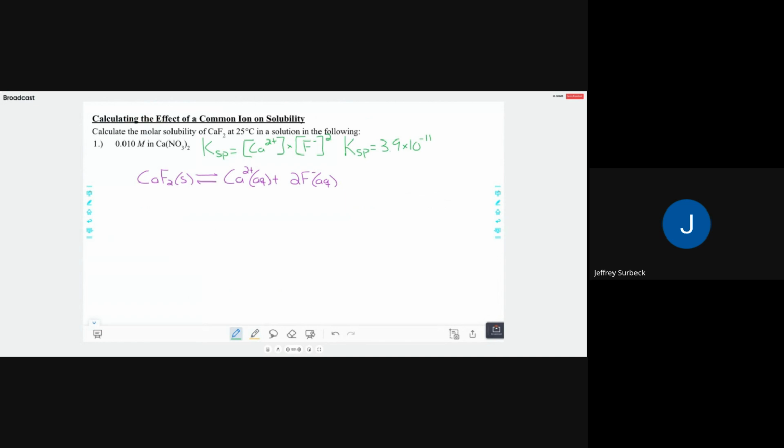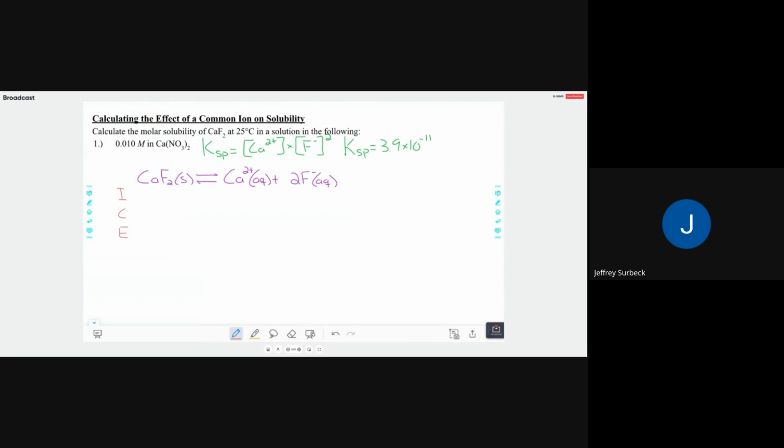Now, to solve solubility problems, we do need to set up our particular ICE chart. So I'm going to go ahead and label our ICE chart. It doesn't really matter for our calcium fluoride because it's a solid, so it's not going to factor into our Ksp calculation.